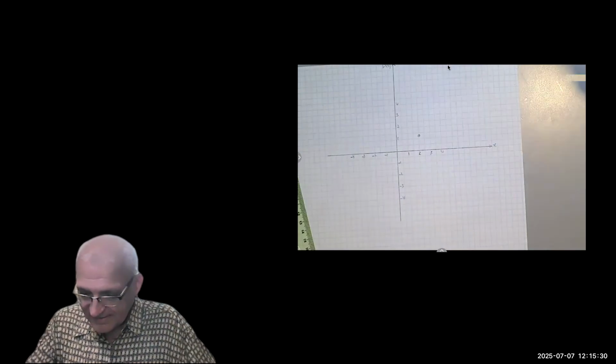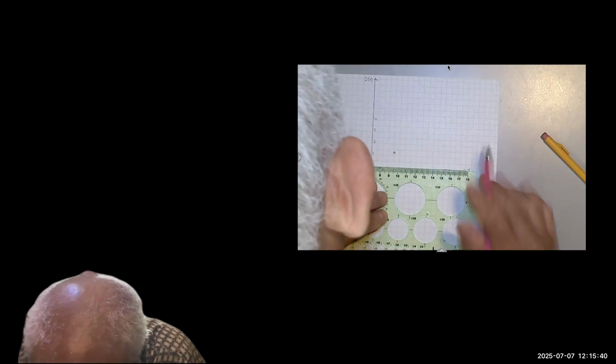I also know that y equals 0, the x-axis, is an asymptote. So let's do that as a dotted line, in a different color so you can see it clearly.